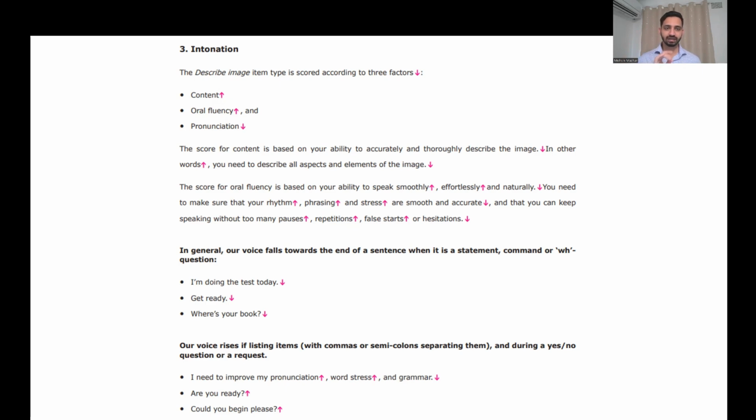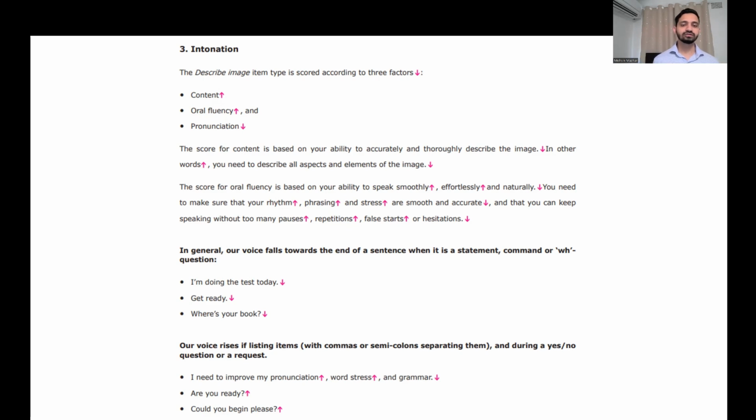The describe image item type is scored according to 3 factors: content, oral fluency, and pronunciation. The score for content is based on your ability to accurately and thoroughly describe the image. In other words, you need to describe all aspects and elements of the image.